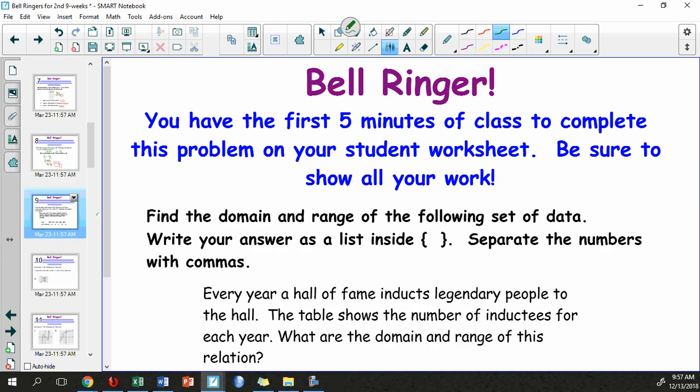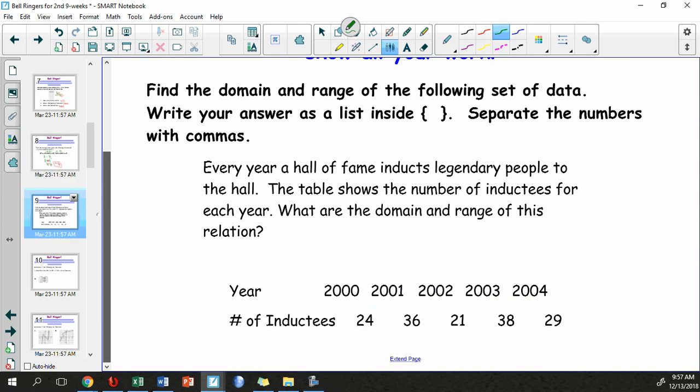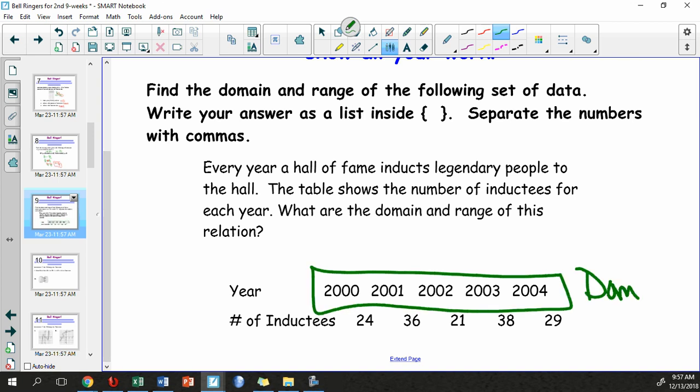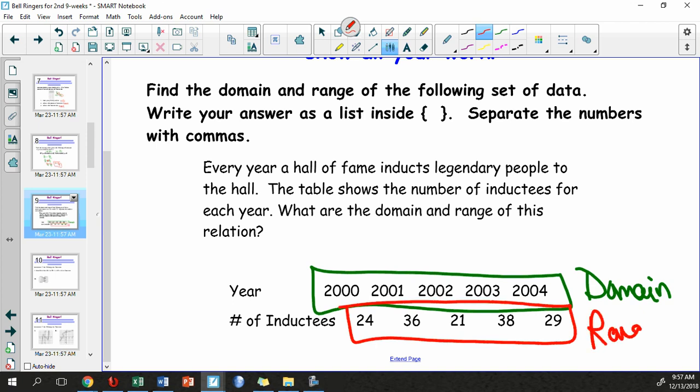Okay, brings us to the next one. It says define the domain. The domain is this. The range, it says for every year, find the domain and the range. This is the range. Okay, so we find the domain and the range of the following set of data.